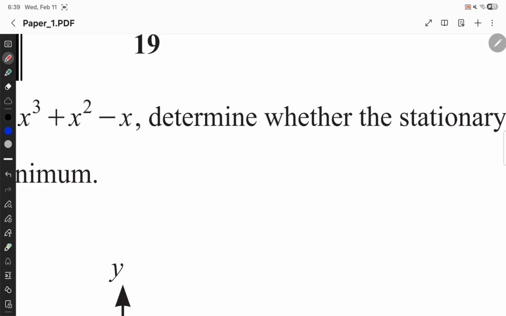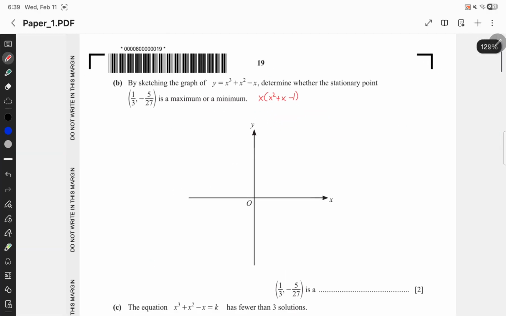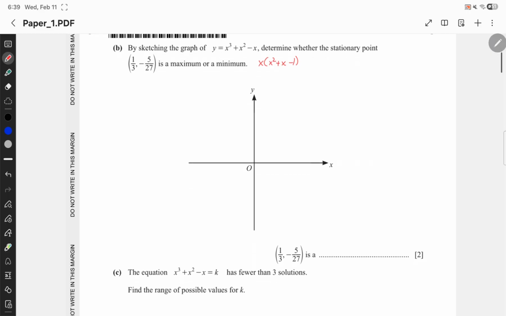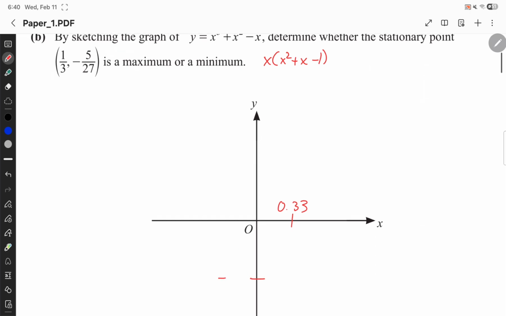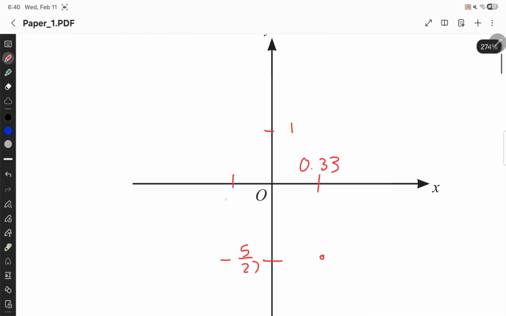We need to factorize x squared plus x minus 1, but we do not need to sketch the graph accurately. We just need to plot the points. So first is at 1 over 3, and at -5/27 one point is here, and then the second point will be at 1 over here. And we know the intersection is this.